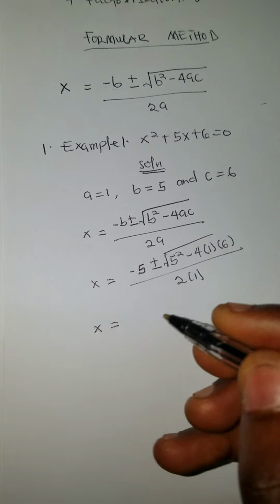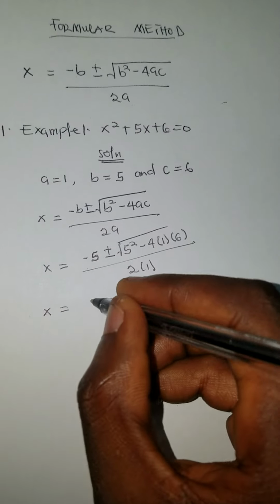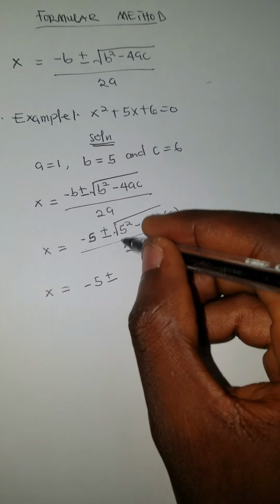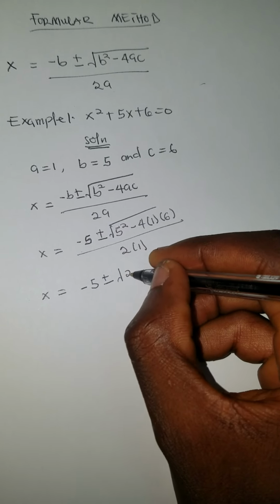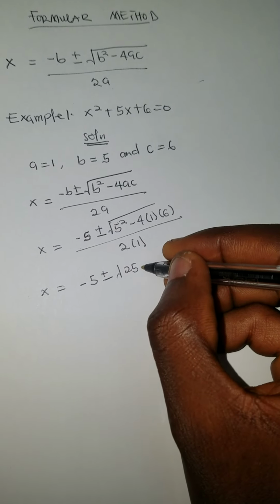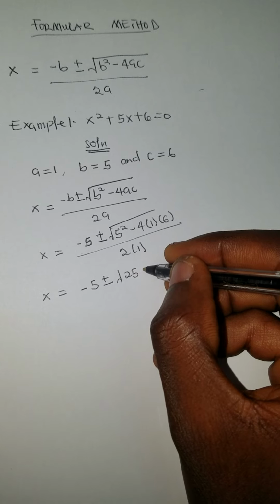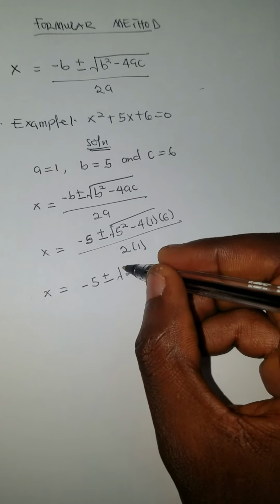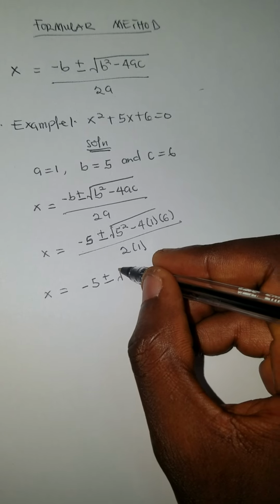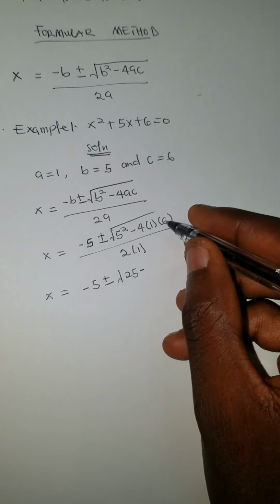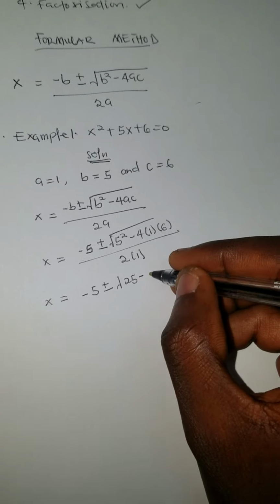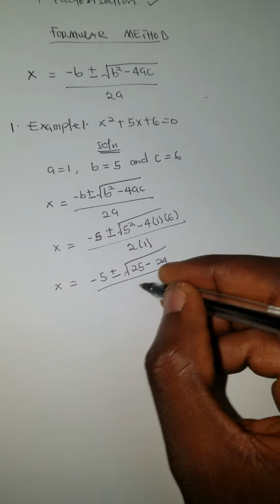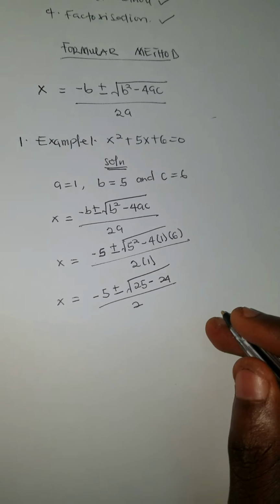Our x is now equal to minus 5 plus or minus a root of 25 minus 4 times 6, which is 24, all over 2.